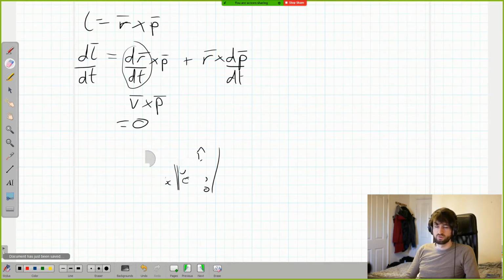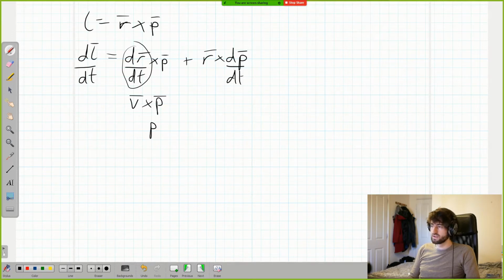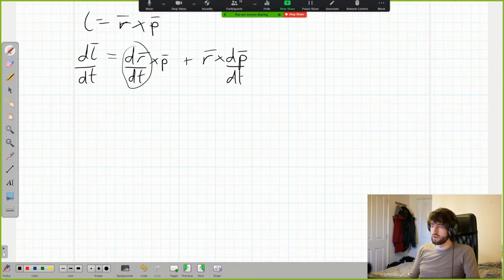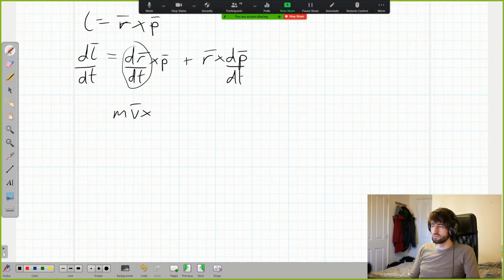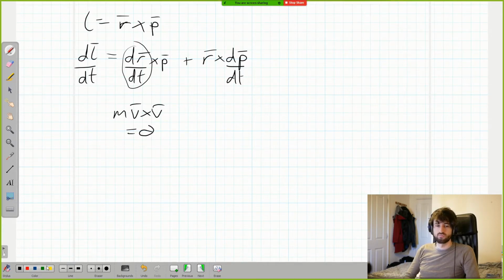The point is, remember, p is mv. So this is the same thing as m v cross v, which by definition is 0. So this whole thing disappears.